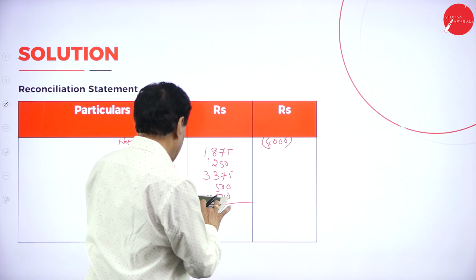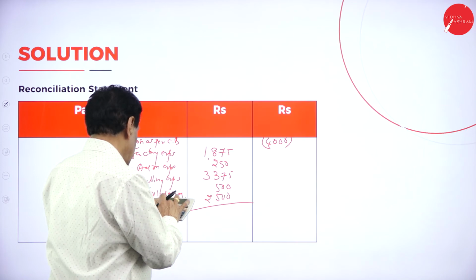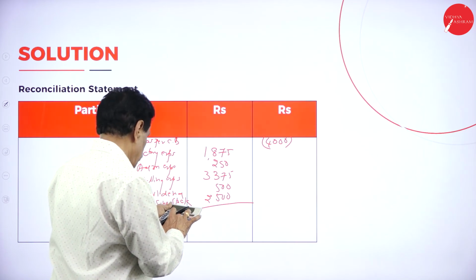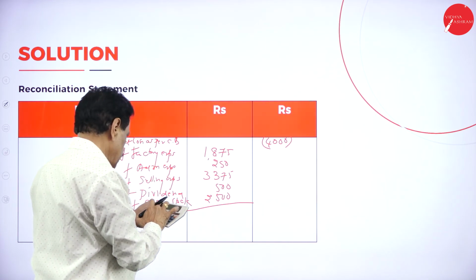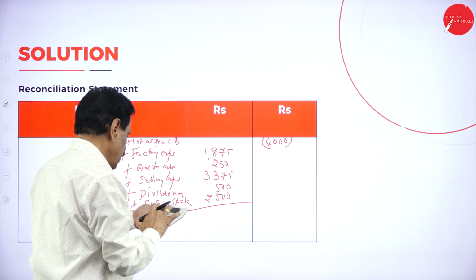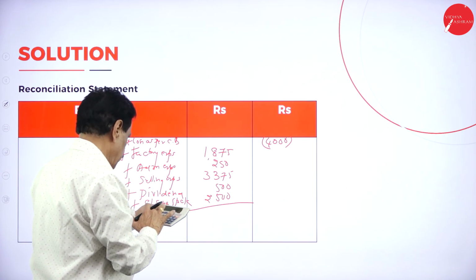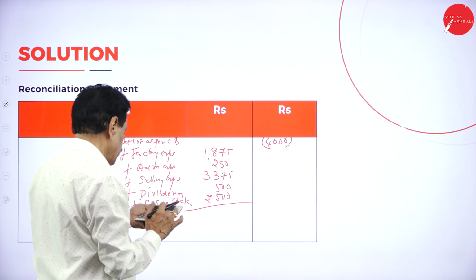1,875 plus 250 plus 3,375 plus 500 plus 2,500.